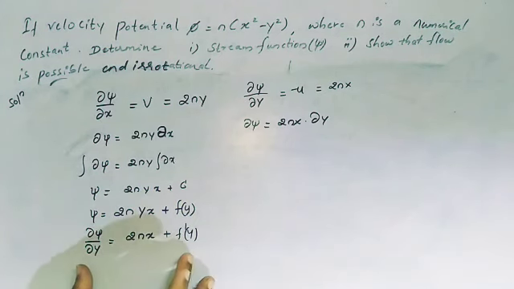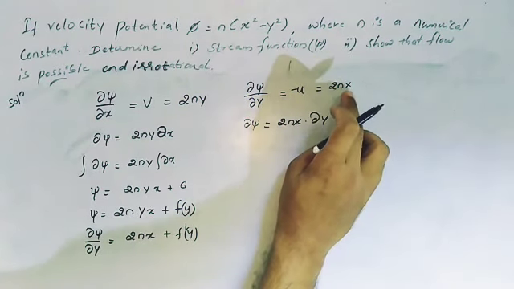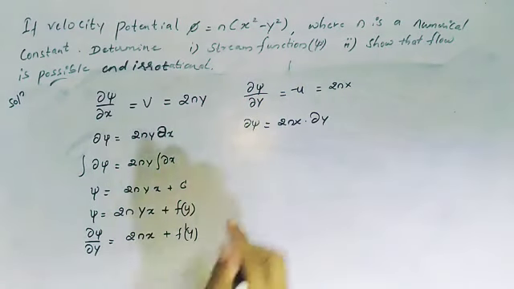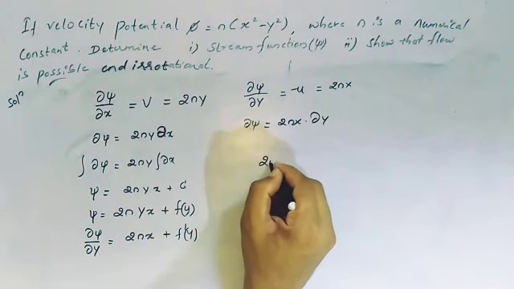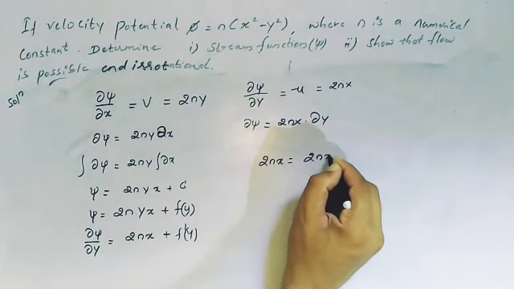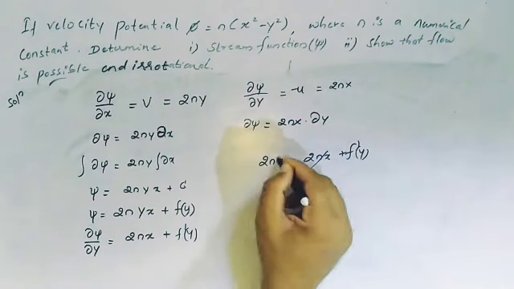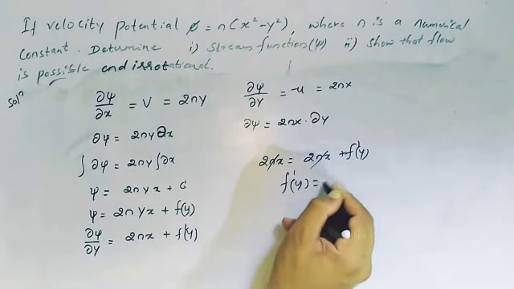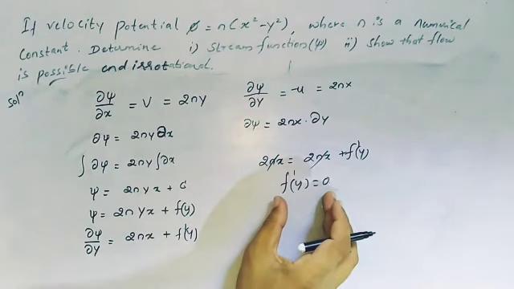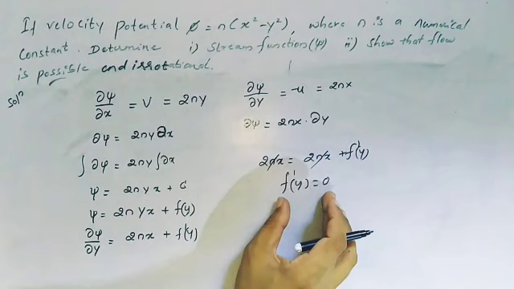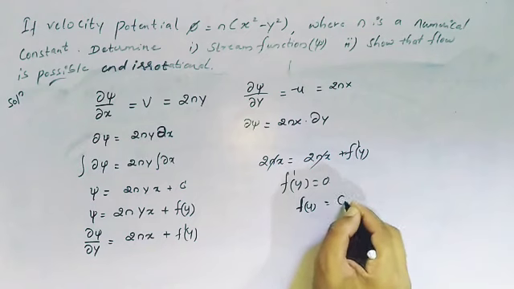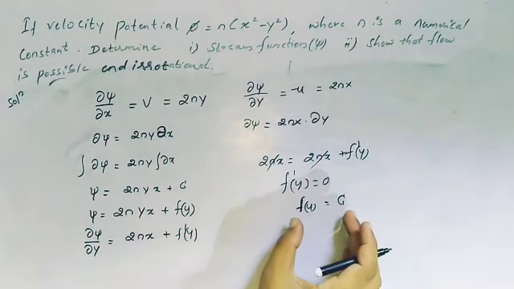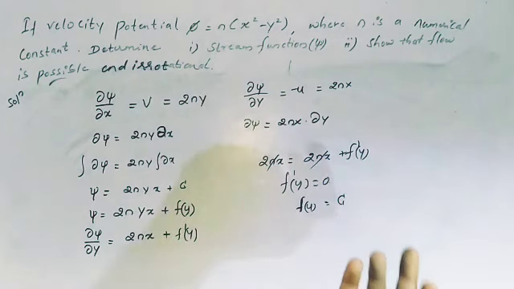But we already know that dou psi by dou y equals 2nx, so 2nx will be equal to 2nx plus f dash y. Now f dash y will be equal to 0. So f dash y equals 0 means this function f of y is a constant, and f dash is also 0.